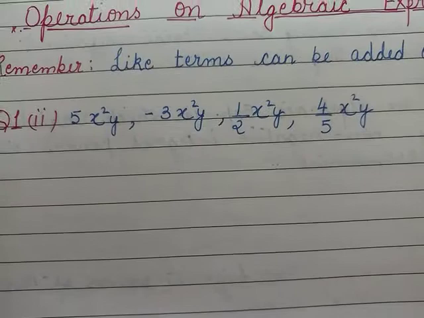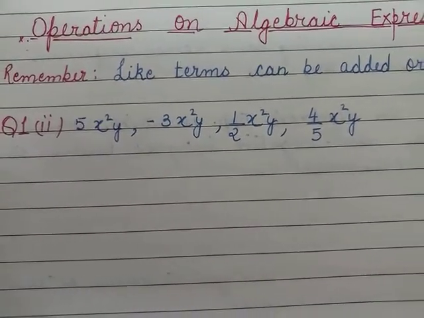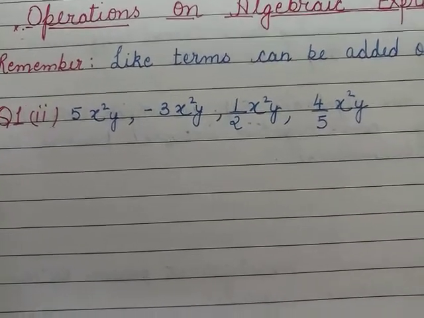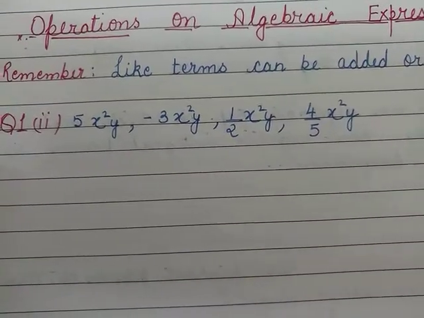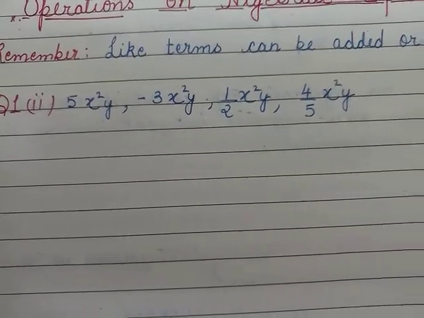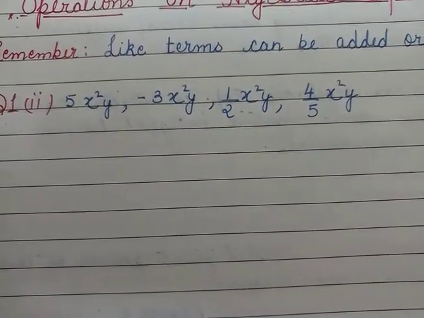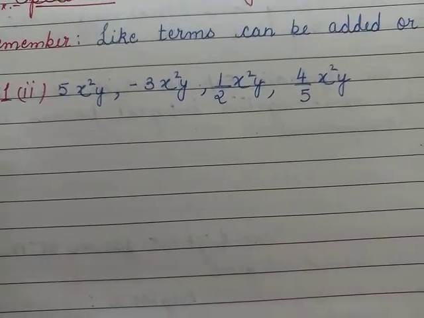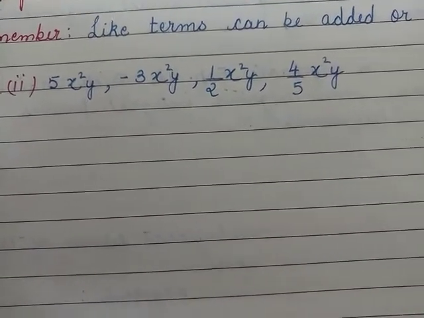So we add. I am going to teach you how to add horizontally. So first thing that we are going to write is the mathematical expression. That means we are going to show that we are adding all these like terms. So we are going to write all the terms and a plus sign between all the terms.